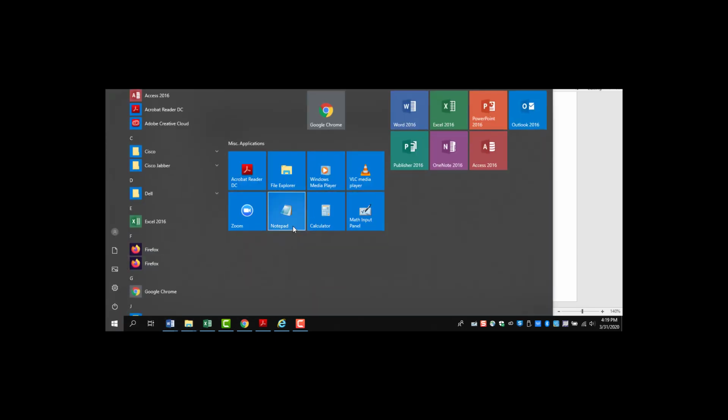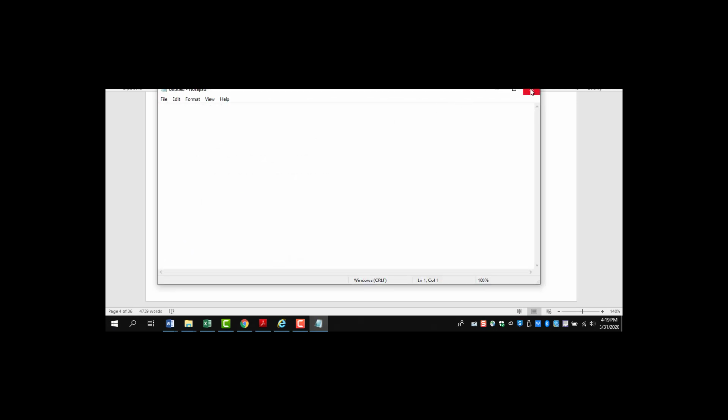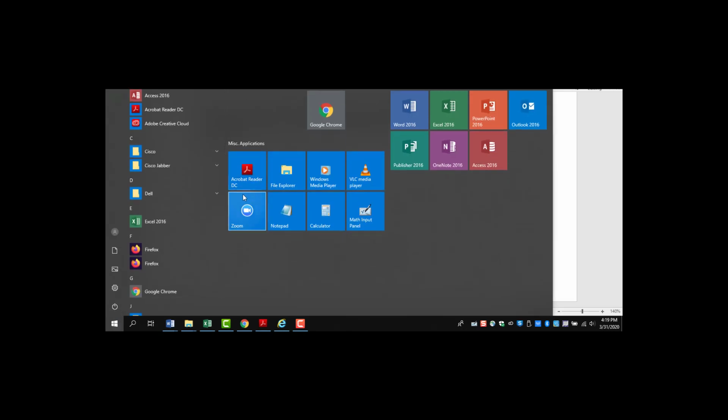I can find a calculator. So there's my calculator. No, I don't want Notepad. I want my calculator. So I'm going to take 8% divided by 12. That's the percentage I get.